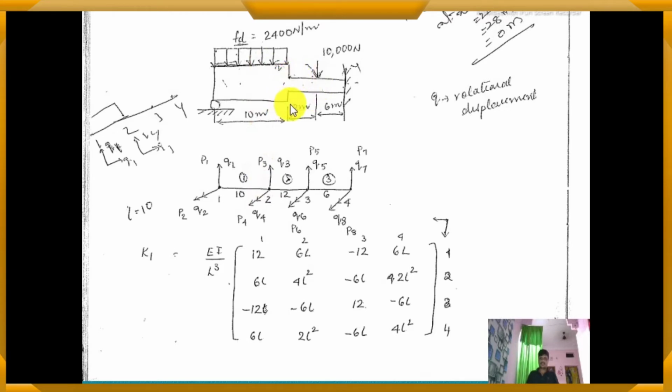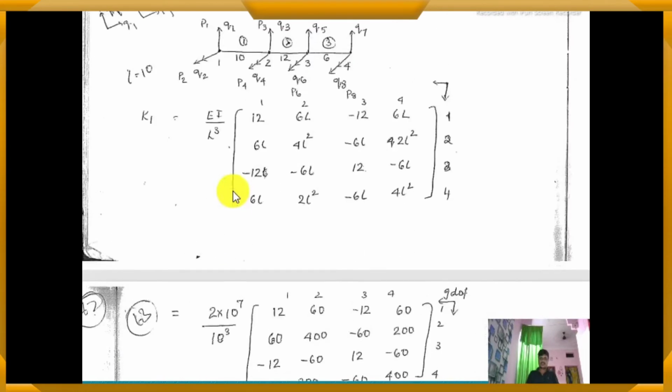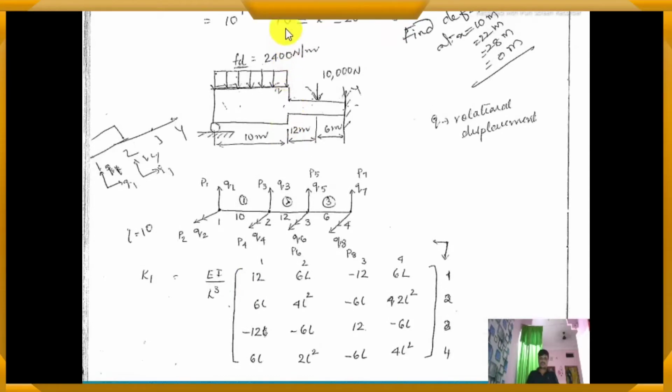That is K2. For K2 the distance will start from 10 to 22 now. So for that, what is the range here? 10 to 22 means x will be at the middle of this. So in that case, you have to take 10 power of 7. And what will be the length of the element 2? That is 12.